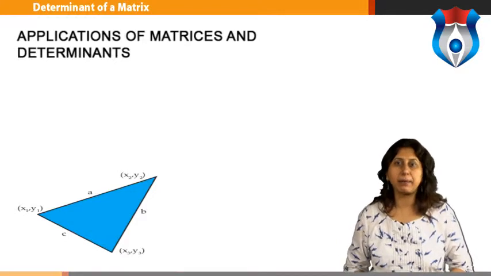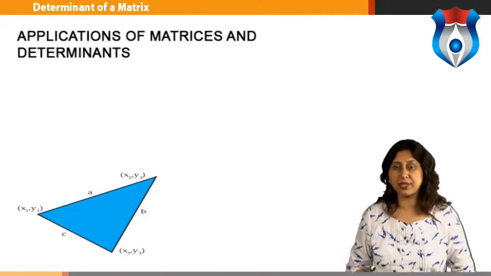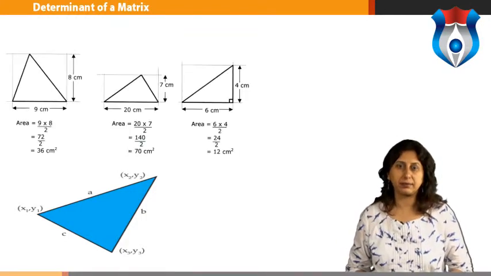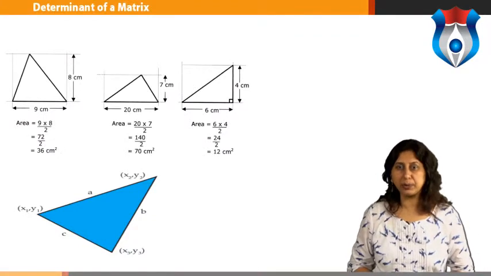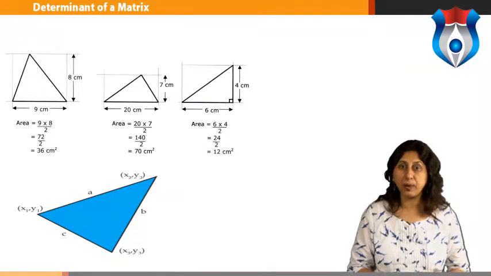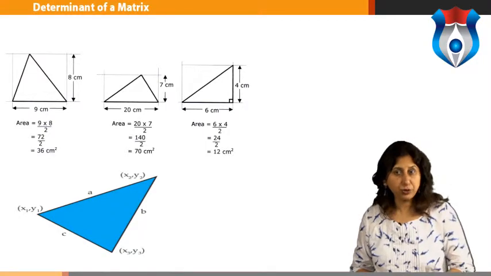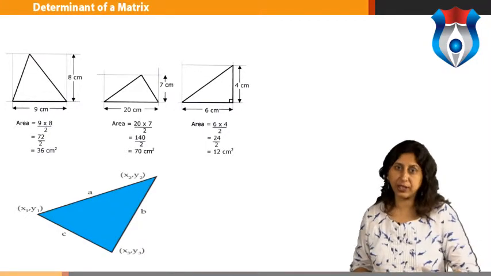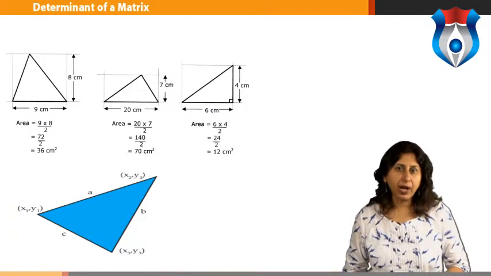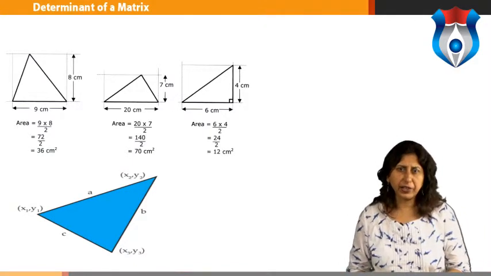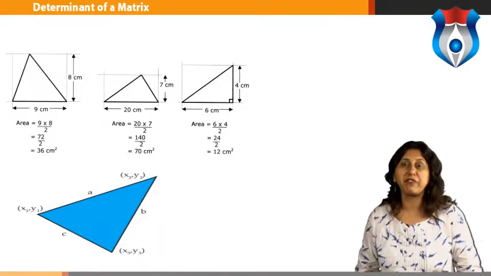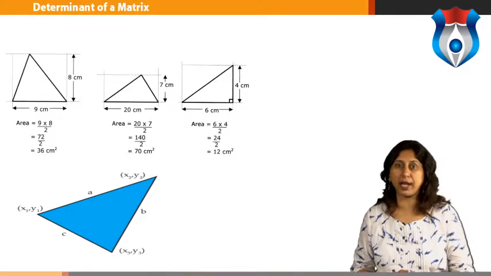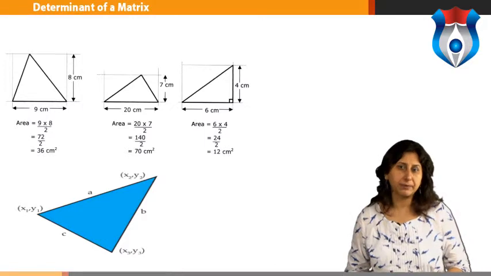Let us discuss the applications of matrices and determinants. Area of a triangle. Consider a triangle with vertices at (x1, y1), (x2, y2) and (x3, y3). If the triangle was a right triangle, it would be pretty easy to compute the area by finding 1/2 the product of the base and the height.